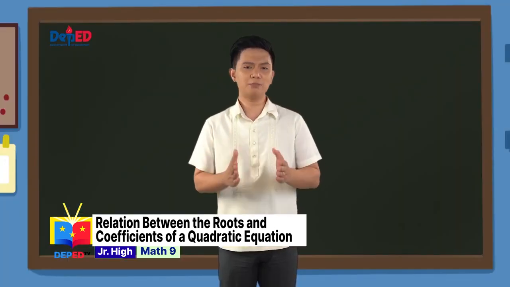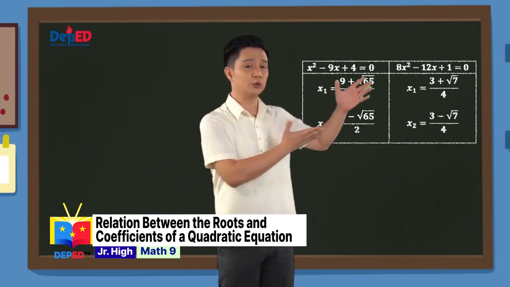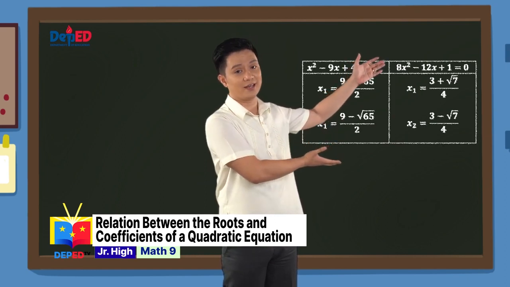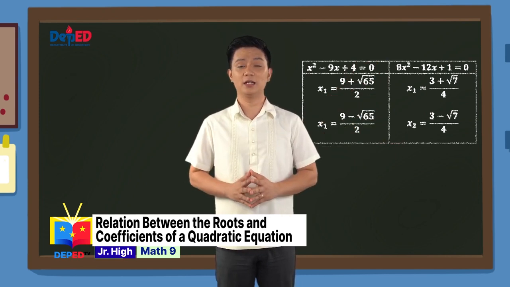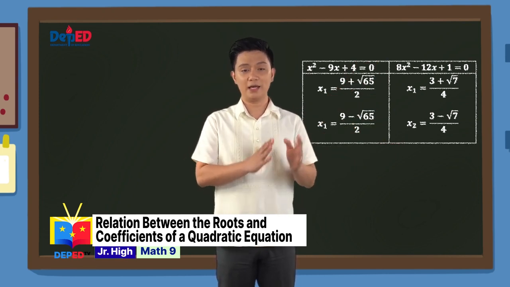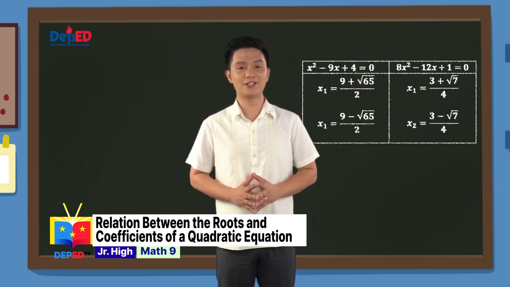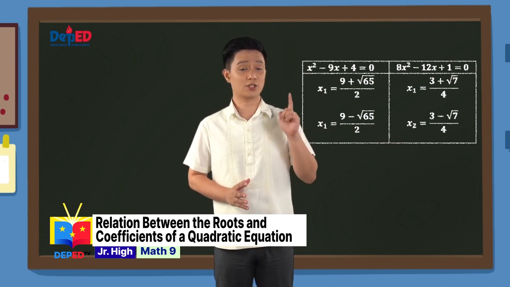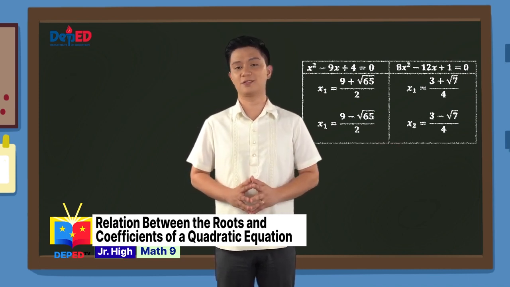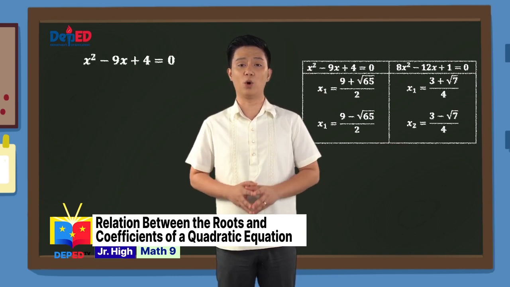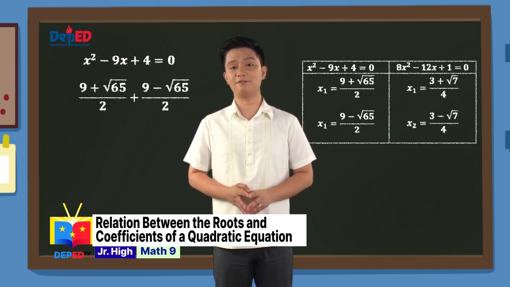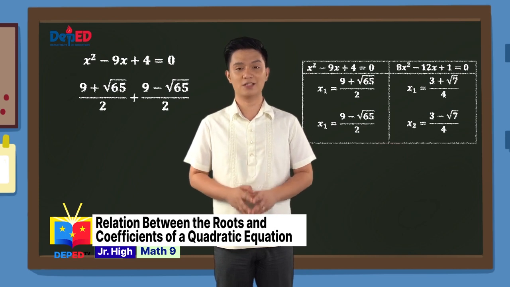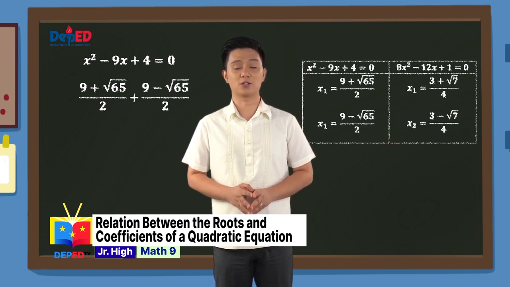Now, let me show you again the two quadratic equations and their roots using a table. Our next task is to determine the sum and the product of the roots of each equation. Let's start with getting the sum of the roots. For equation number 1, we have 9 plus the square root of 65 all over 2 plus 9 minus the square root of 65 all over 2.